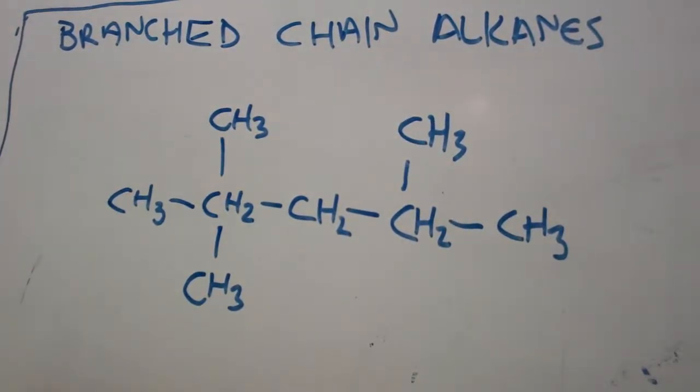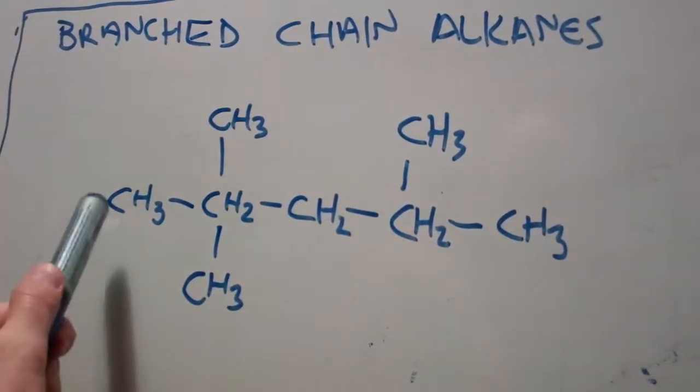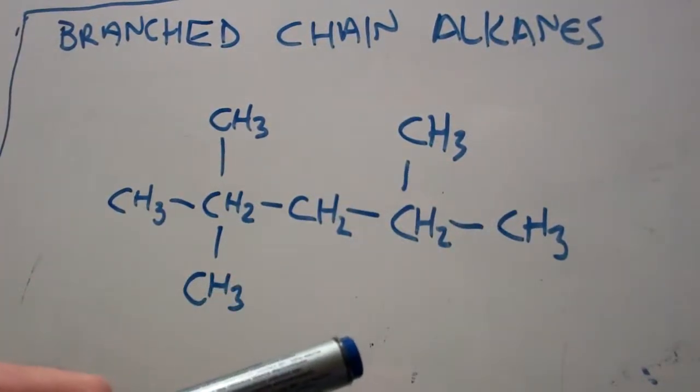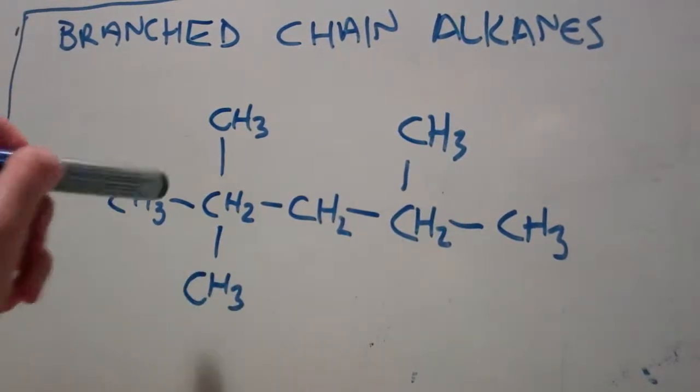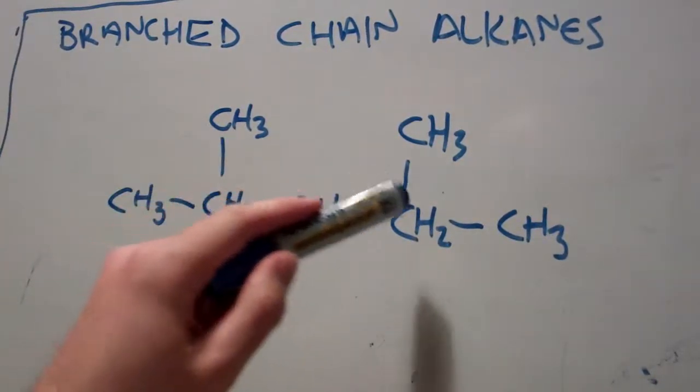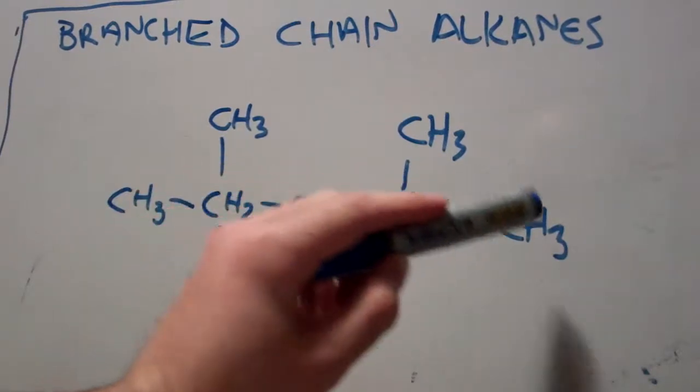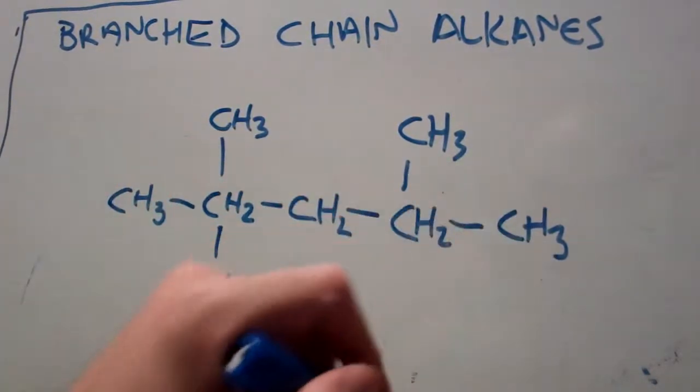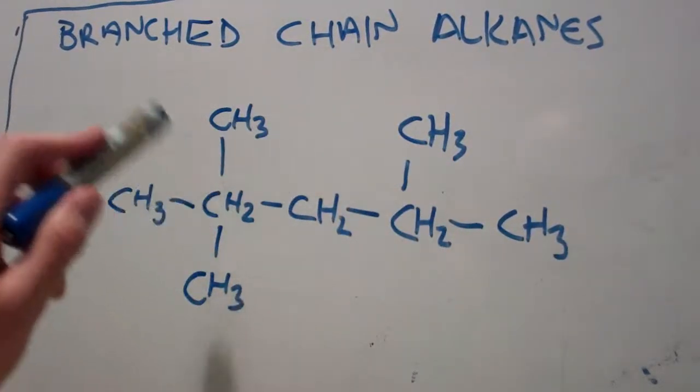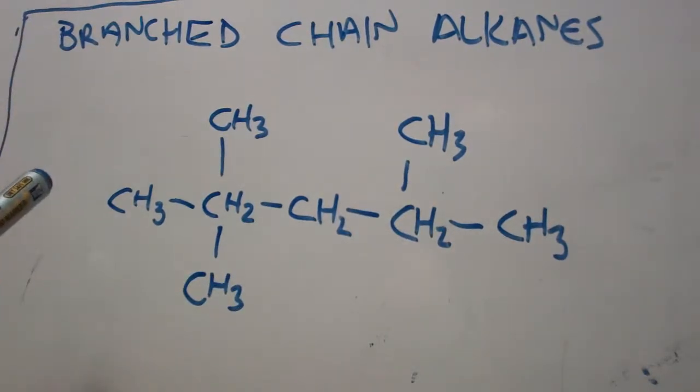First step: find the longest chain of carbons. We can count straight across, 1, 2, 3, 4, 5, or we could start from other ends and still get 5.